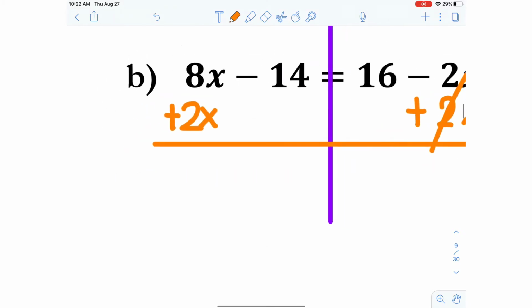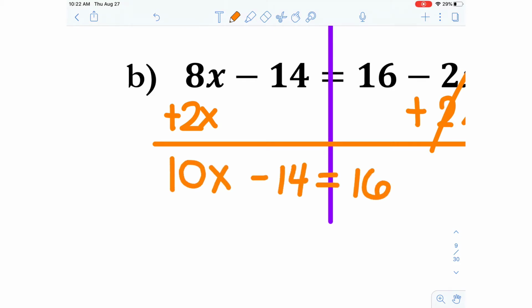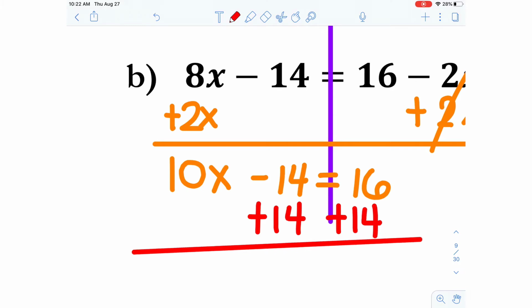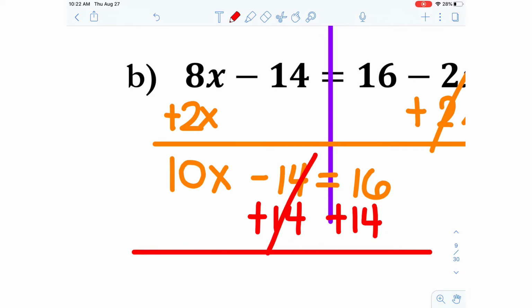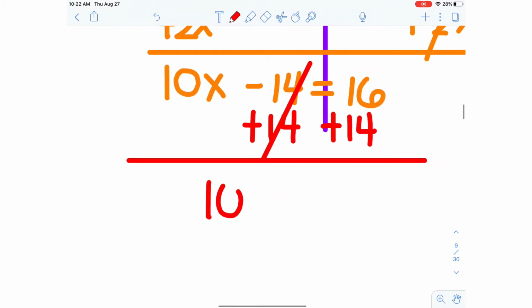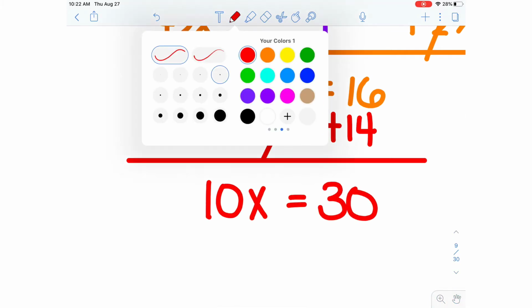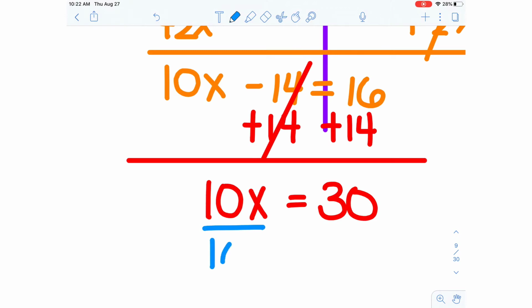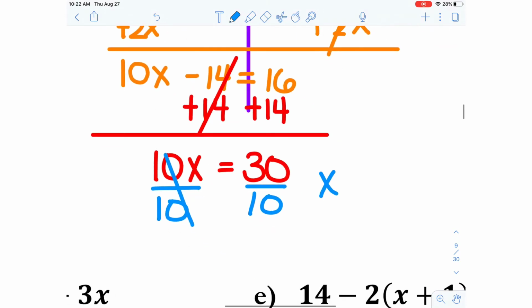We get 8x plus 2x, which is 10x, minus 14 equals 16. Now, add over the 14. Okay, so 16 plus 14 is 30. And now we're just going to divide both sides by 10. So we have x equals 3.